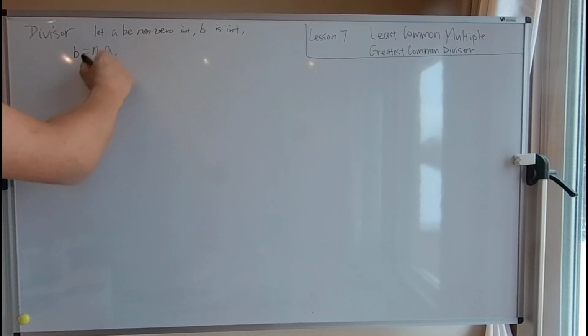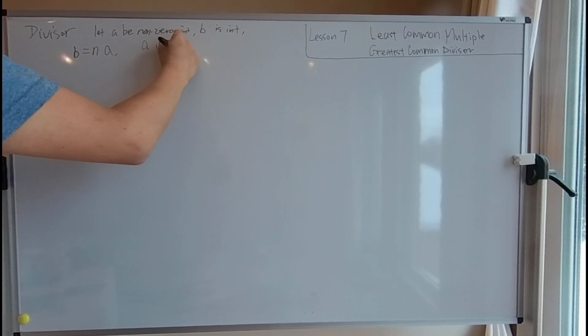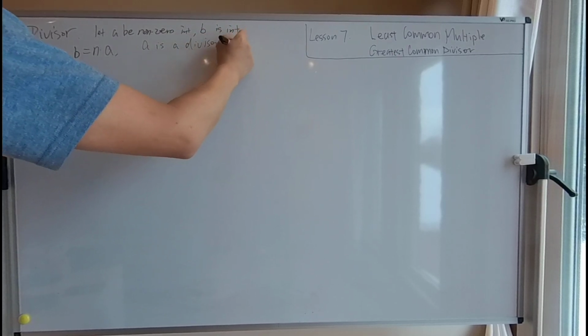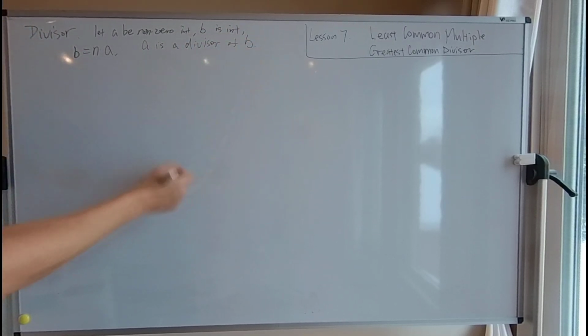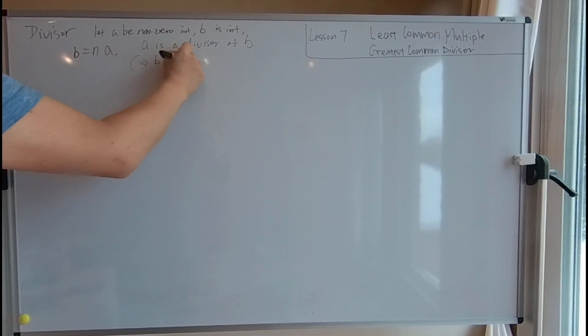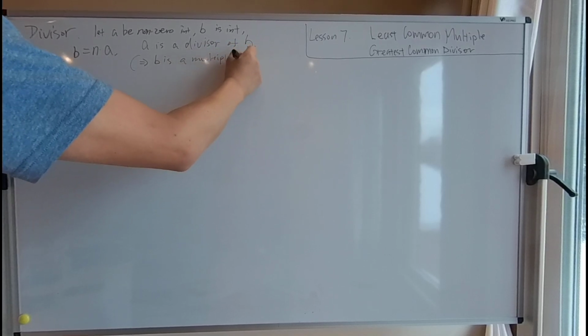Remember this is really just a reversed operation from multiple, right? What we learned in the past, we say b is a multiple of a. So equivalently, we say a is a divisor of b. So this is equivalent to saying b is a multiple of a.